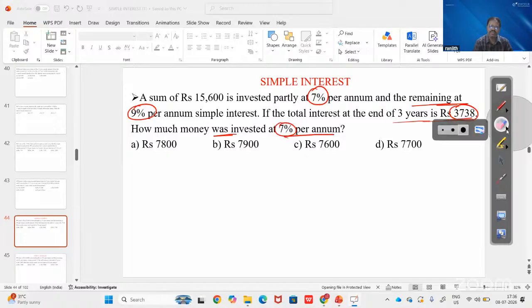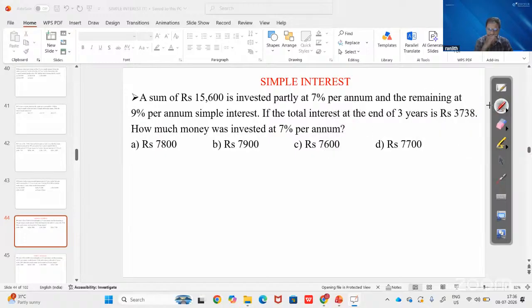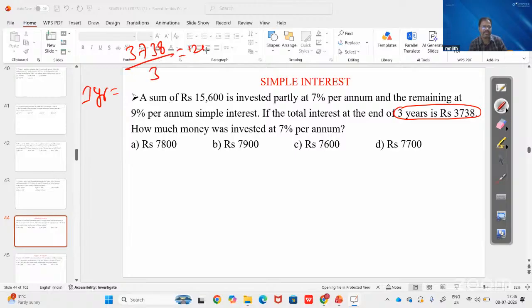Just look here. We are not taking X and Y values, we are taking interest values. So total at the end of 3 years will be equal to 3,738, where interest is always same in SI. So 3738 divided by 3 is equal to 1246.